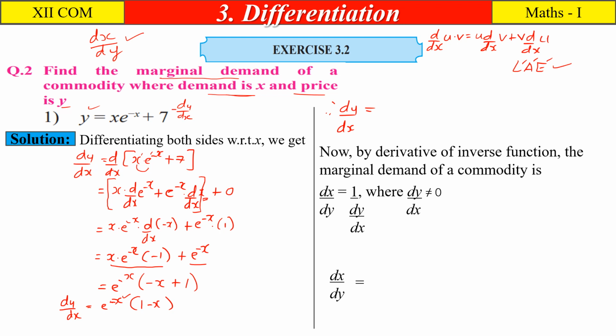Indices we had already learned: a raised to minus m is equal to 1 upon a raised to m. So here also I can do the same thing. So dy by dx is equal to 1 minus x upon e raised to x, right? So here I can write dx upon dy is equal to 1 upon 1 minus x upon e raised to x. So this is equal to e raised to x upon 1 minus x. So this is our final answer, dx upon dy.